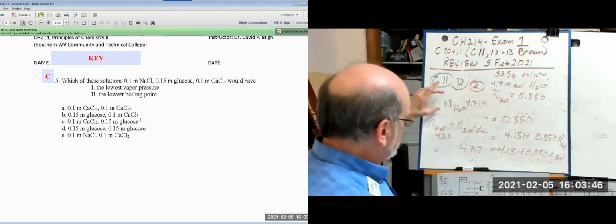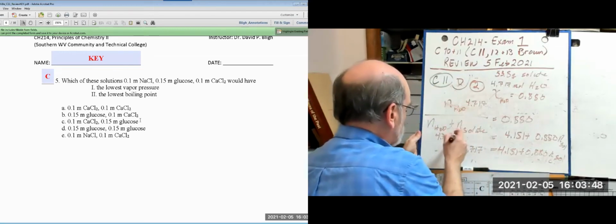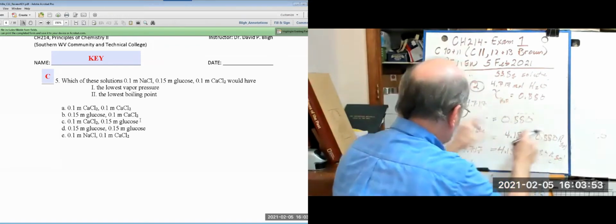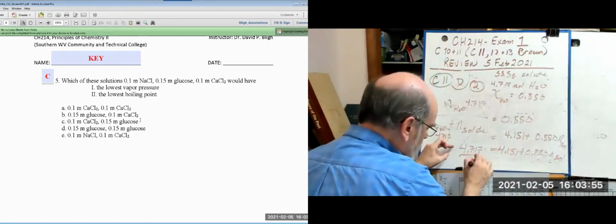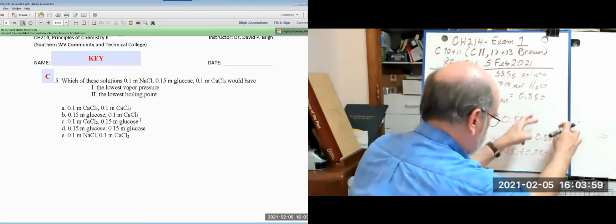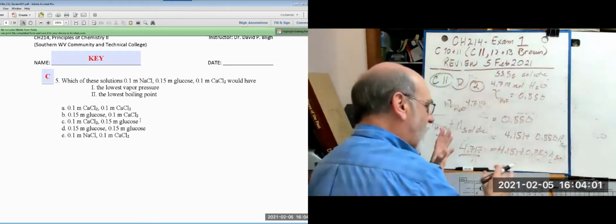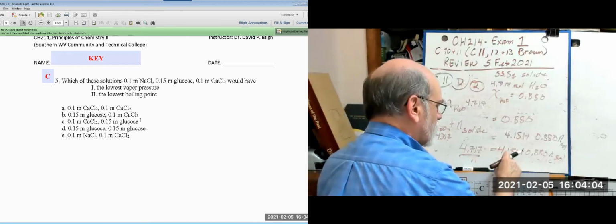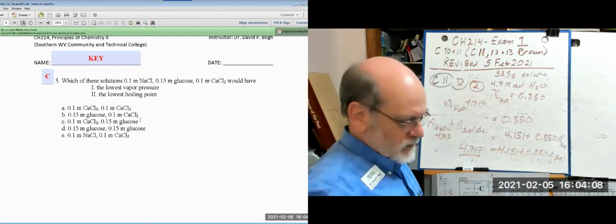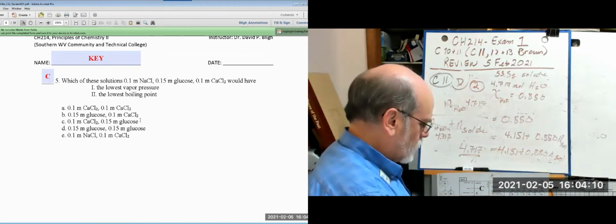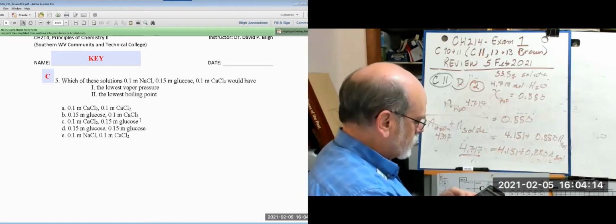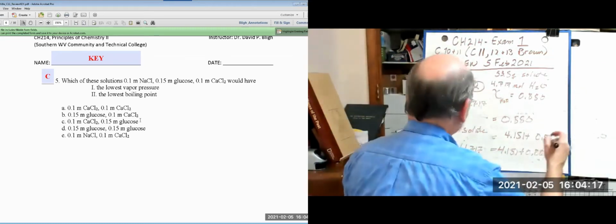Now, this is this value here. This one times that one leaves this one on this side, and this one times that one leaves this and that. So now I can take this one, 4.151, and subtract it from this side. 4.717 minus 4.151 yields 0.566.